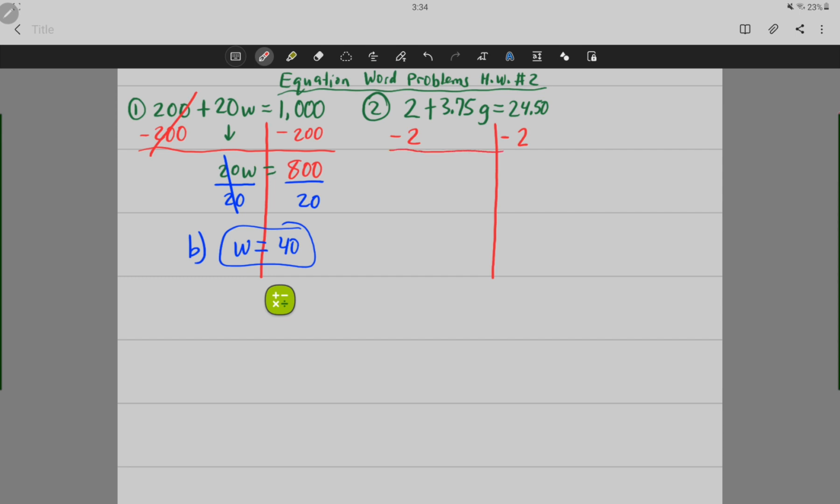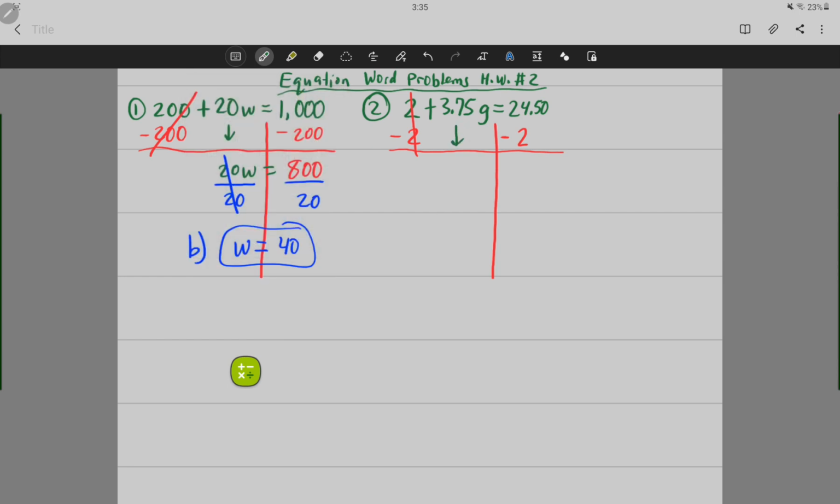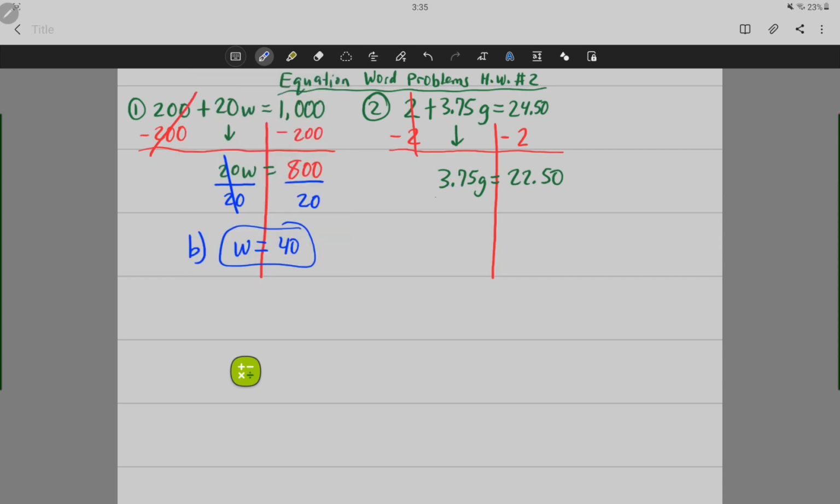Draw your line. 2 minus itself is 0. Just cancel that. Bring down the 3.75G that we haven't used yet. 24.50 minus $2 is $22.50. Last step. Right now we're looking at multiplying because it says 3.75G or 3.75 times G. So we undo multiplying with dividing.